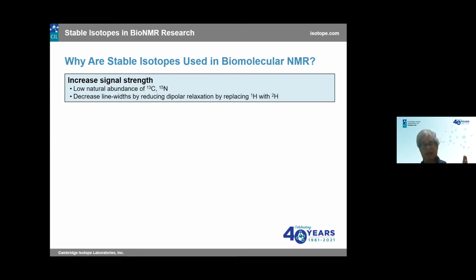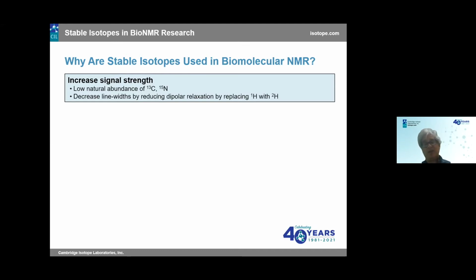And in the world of biomolecular NMR, that really comes down to increasing the amount of C13 and N15. Large increases can be made because C13 and N15 normally are at the 1% or below level. And one can easily enrich biomolecules up to 95, 96, 97, 98, even 99%. So one can increase the signal to noise dramatically by enriching the molecules themselves with these stable isotopes.